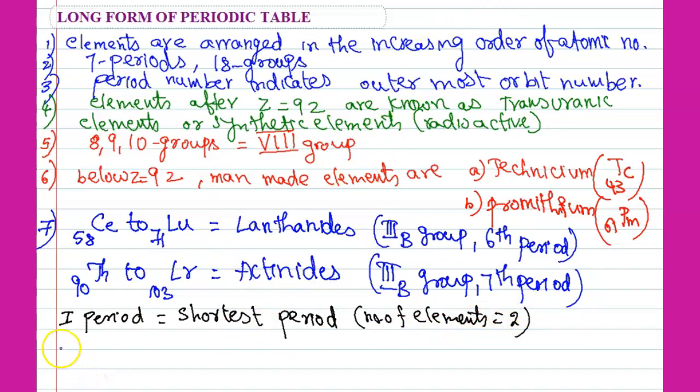And the second and third periods are known as short periods. Actually, we can call the first one very short also. Very short period or shortest period, because it contains only how many elements? 8 elements.